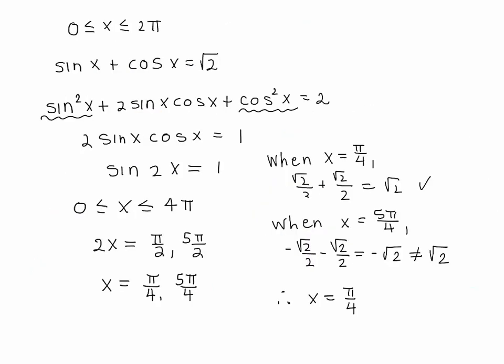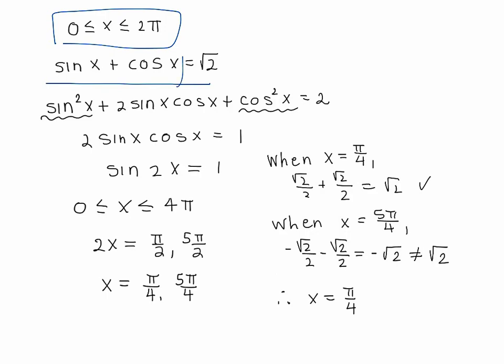Given a domain from 0 to 2 pi, we want to solve for x, given the equation sine x plus cosine of x is equal to square root of 2. First, we are given sine of x and cosine of x in one equation, so this is not solvable as is.